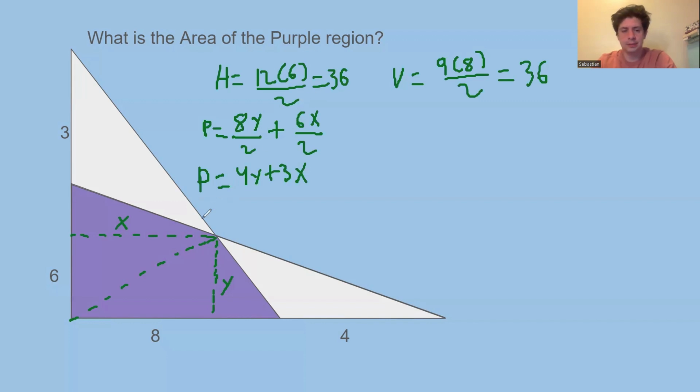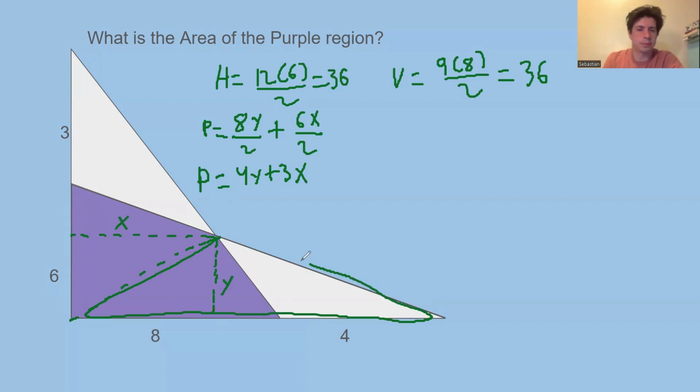So if we look at H, it's made up of, I'm just going to do a sloppy triangle drawing, this triangle, and then this triangle, right? And that gets you the 36. So let's do H equals, let's look at this triangle.